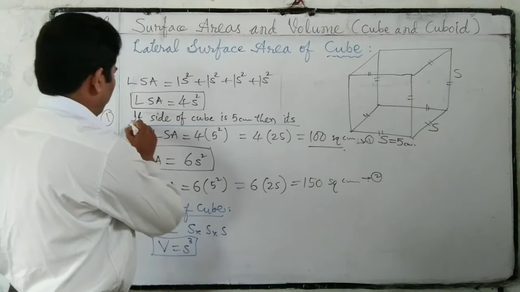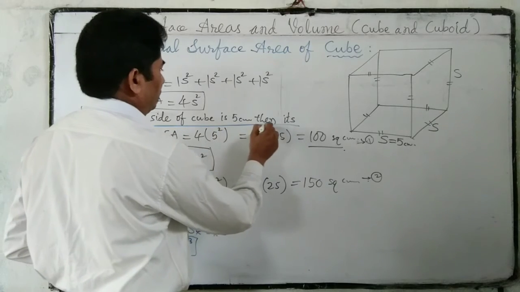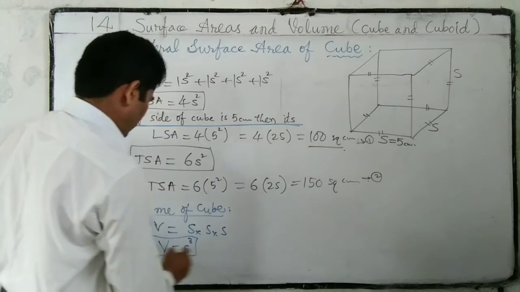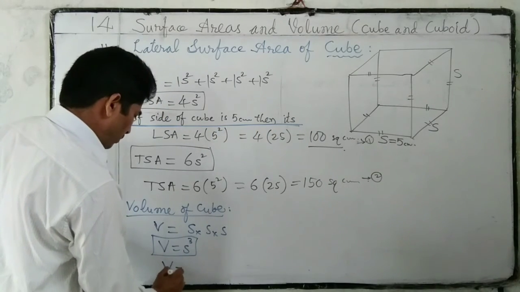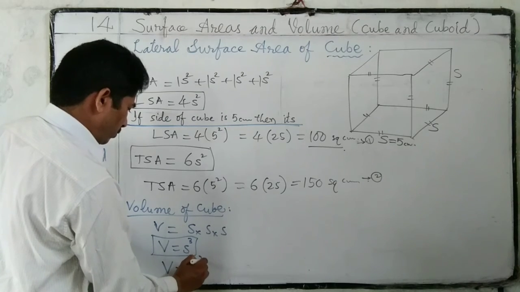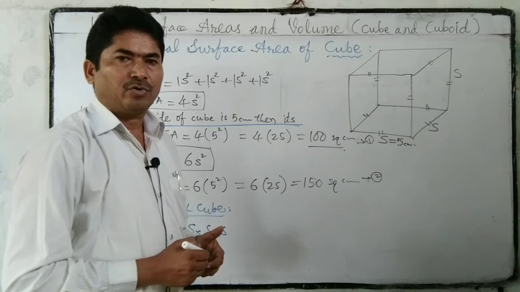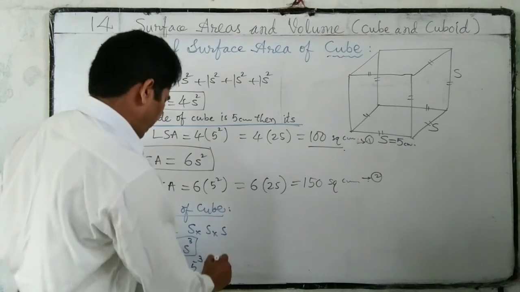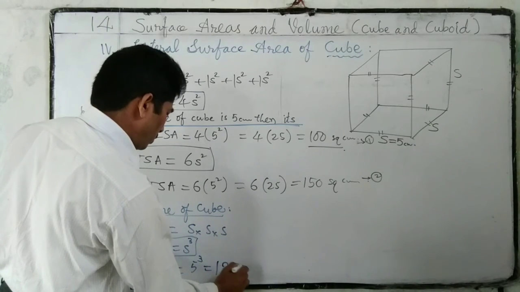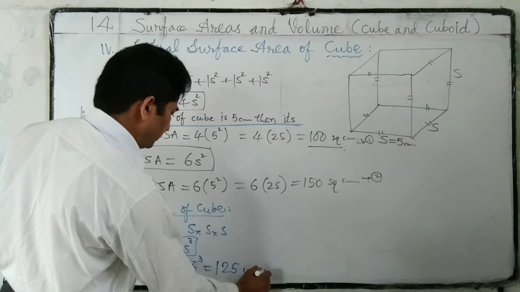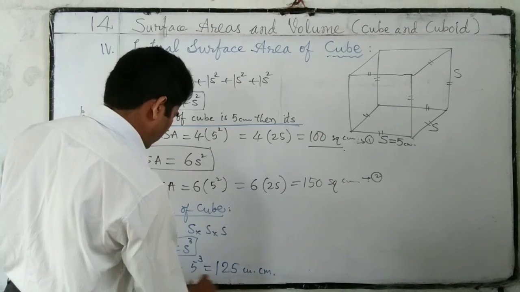If given side of cube is 5 centimeters, then volume of cube V is equal to 5 cube. 5 5s are 25, 25 5s are 125 cubic centimeters. So this is the answer.